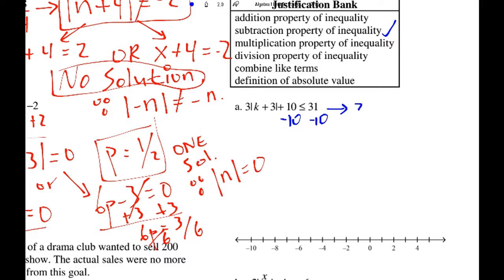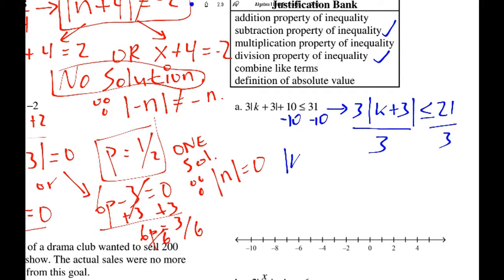Then you'll have 3 times your box, the absolute value, and your inequality becomes 21. How do you get rid of a multiplying 3? The division property of inequalities. Make sure you write that. So you have the absolute value of k plus 3 is less than or equal to 7.